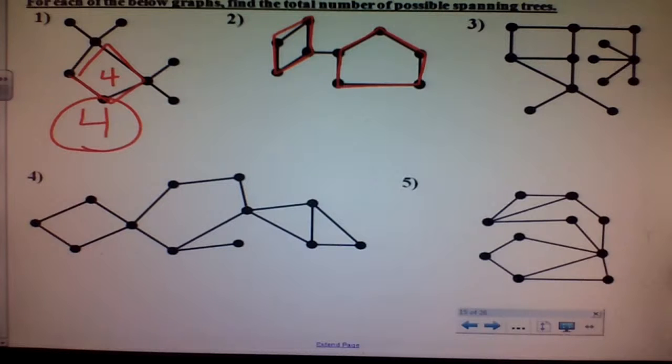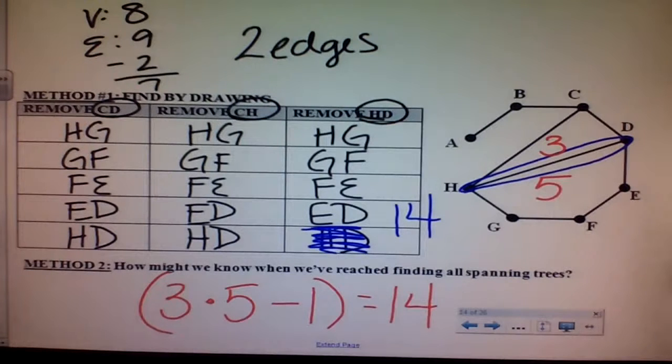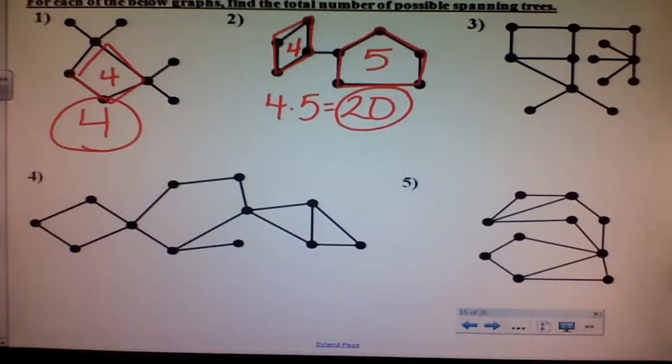They don't share a line, so it's 4 times 5. What do you mean by sharing a line? That's what we looked at here, where the first circuit had an H to D and the second circuit had an H to D. So the minus 1 comes into play in number 3.